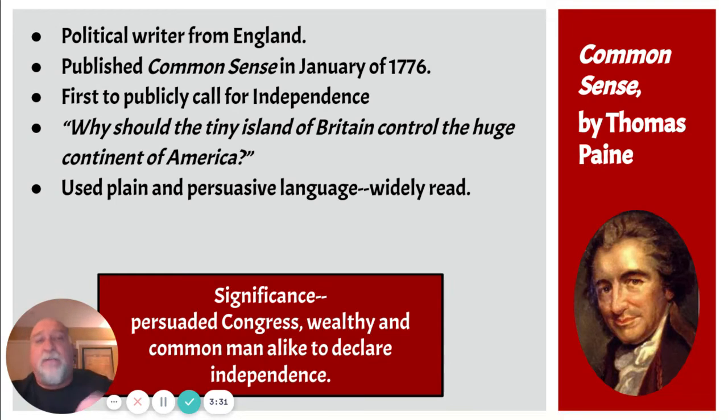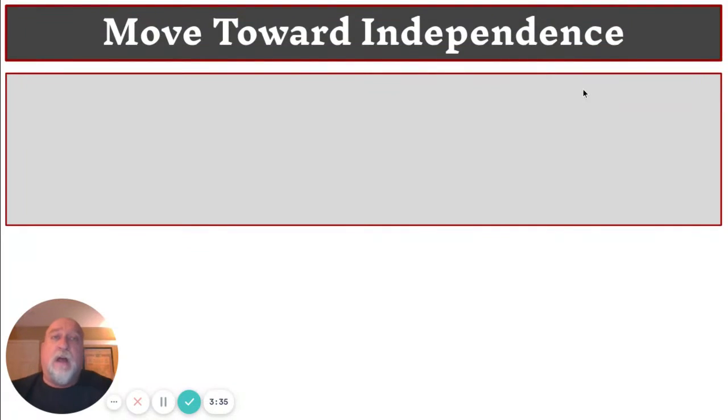So Common Sense was our first document. Our second document is, of course, the Declaration of Independence itself. Here we are in 1776. Now, remember, Lexington and Concord were April of 1775. Bunker Hill was a few months later. So there's already been actual conflict, battle, but we've not declared independence yet.